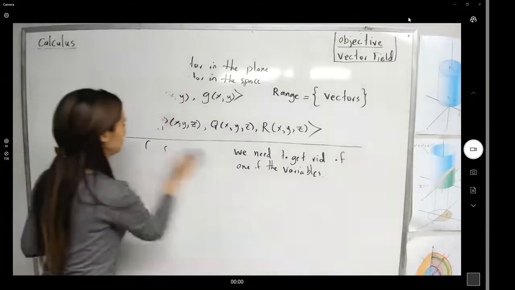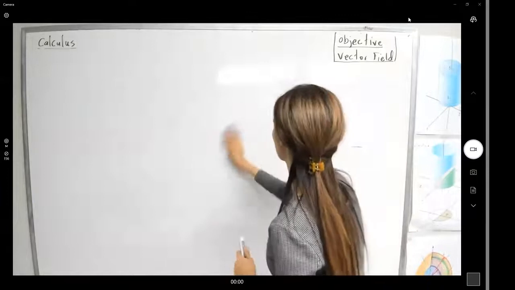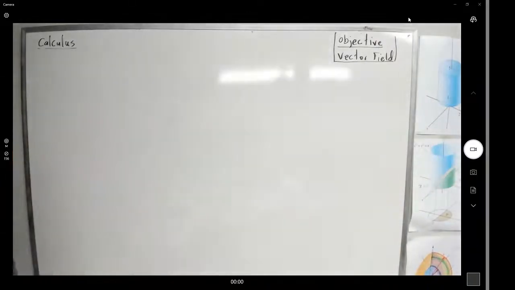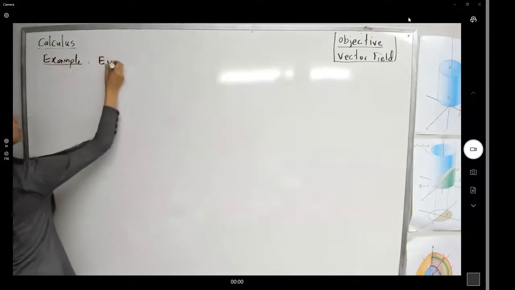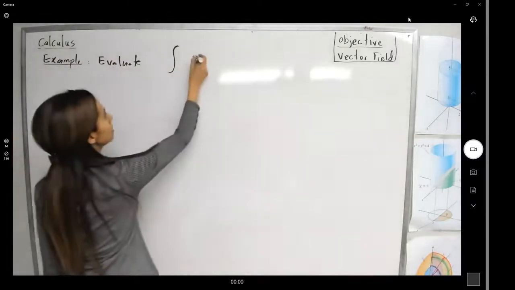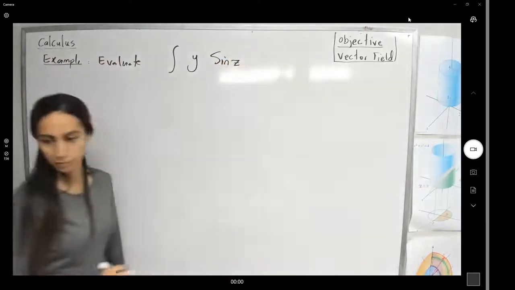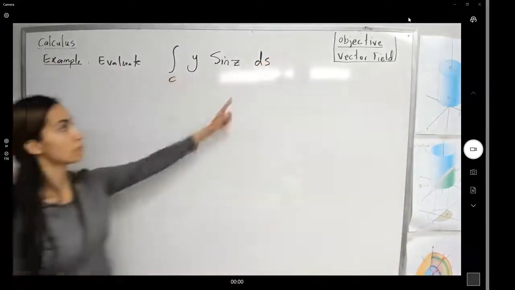Example. This example says, evaluate the line integral of the function y times sine z ds with respect to the length of the curve.